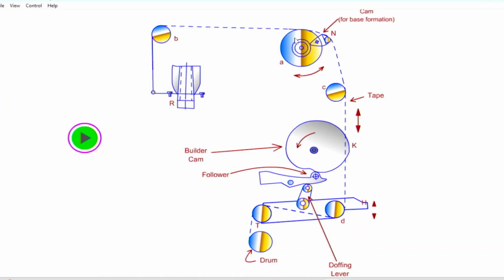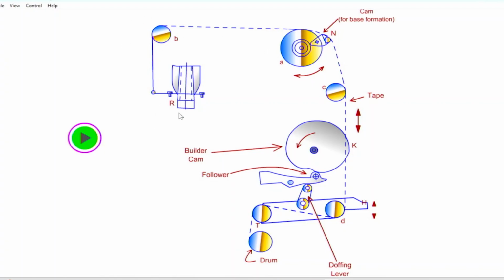a projection here, you can see the projection N. This projection is basically to form the base of the bobbin, where a large quantity of material is to be stored at the base. Due to this projection, most of the deflection is absorbed by it, so that it is not reflected at the ring rail.